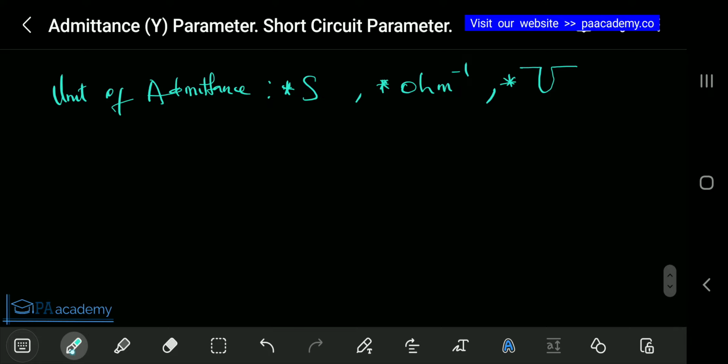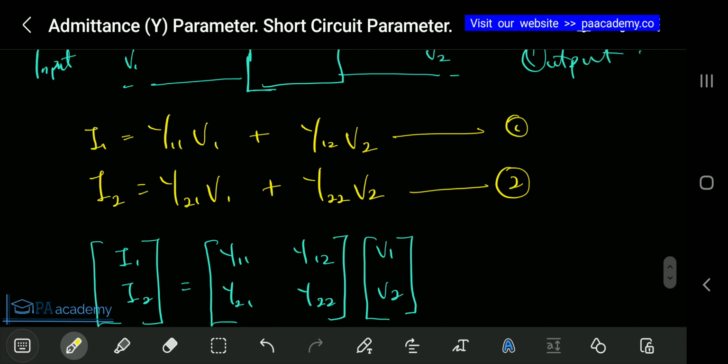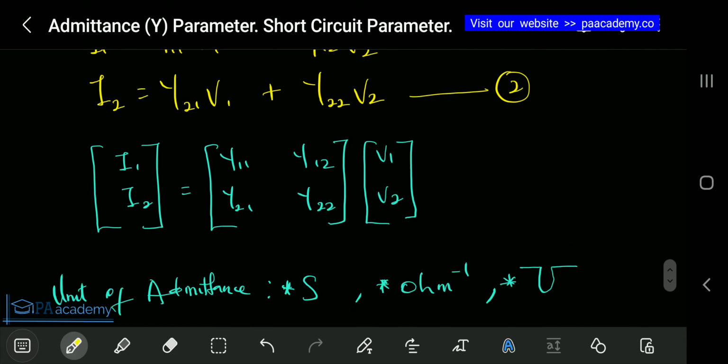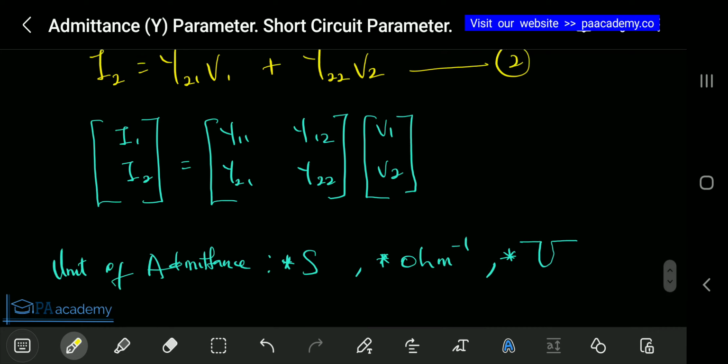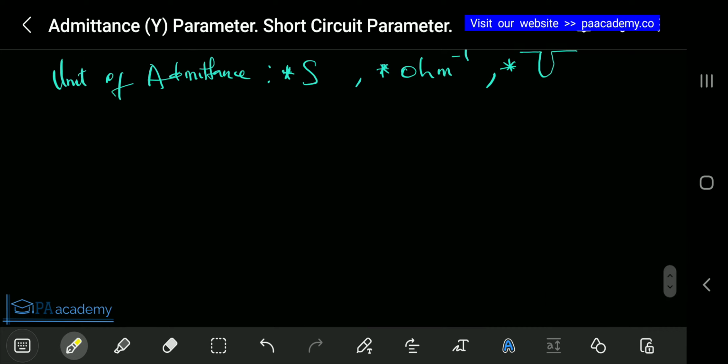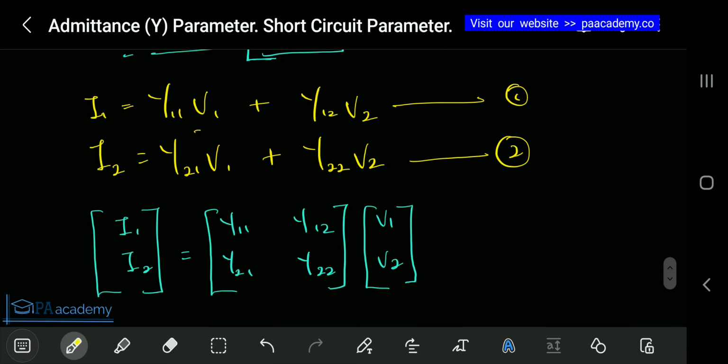Alright, now let's make reference to equation 1 and equation 2. Just like we did when we were looking at the Z parameter, let's take V1. When V1 is equal to 0, you're going to look at what happens to equation 1 and equation 2.